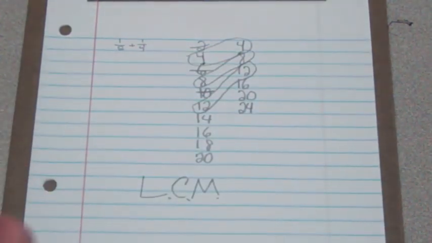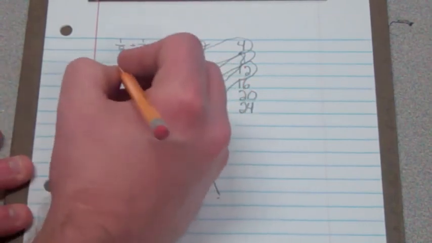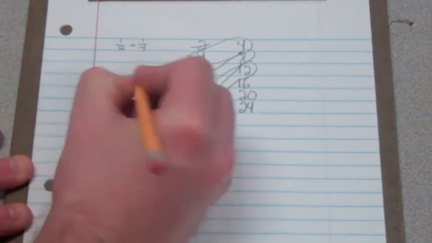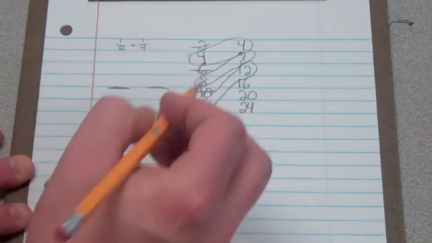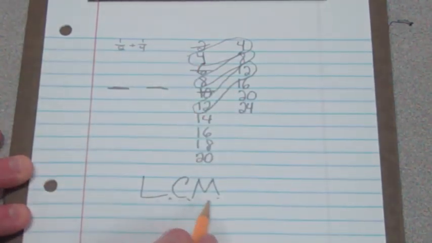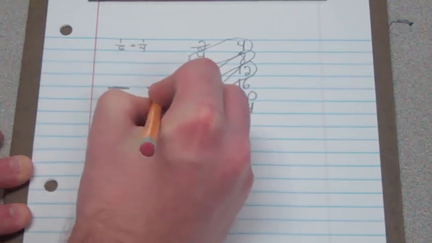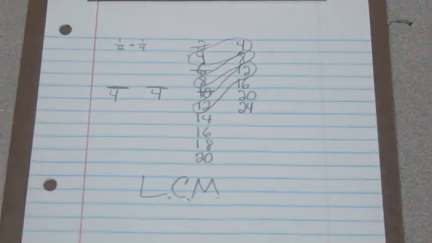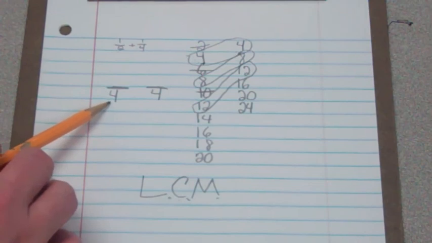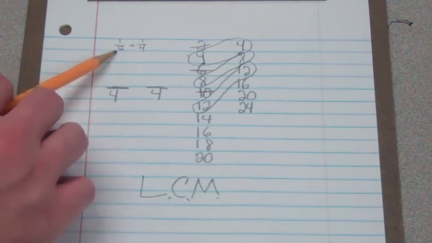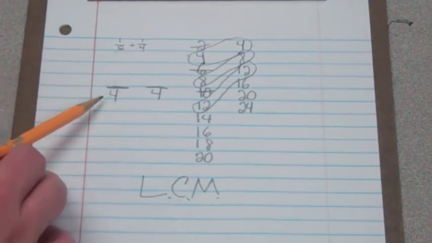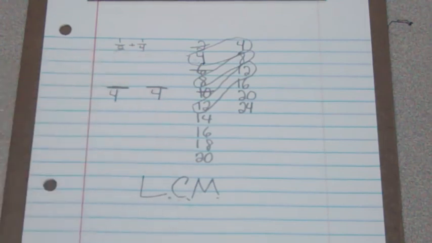And then what I usually do is I come down underneath my fractions and I rewrite them. But instead of writing them with denominators of 2 and 4, I use the least common multiple, which in this case would be 4. Now I ask myself, okay, I'm using a denominator of 4. What did I do to this 2 to turn it into a 4? Well, I multiplied it by 2.